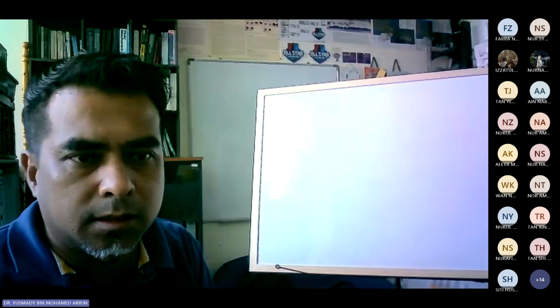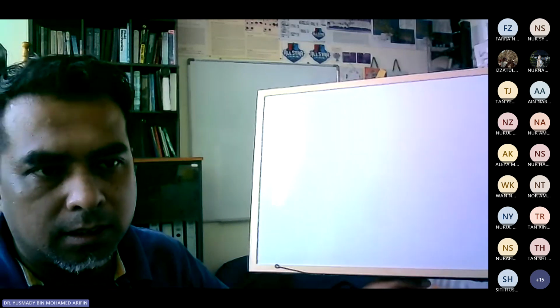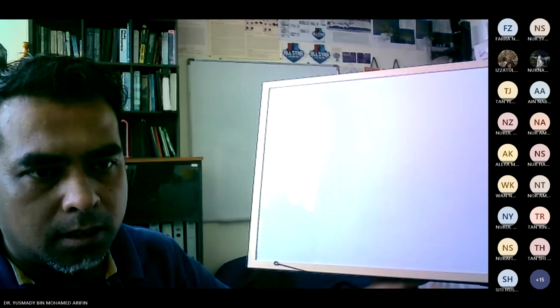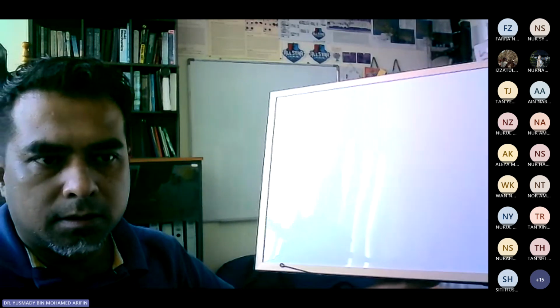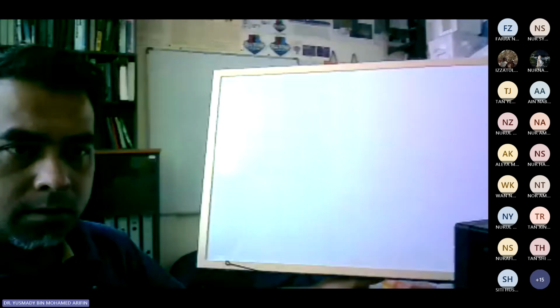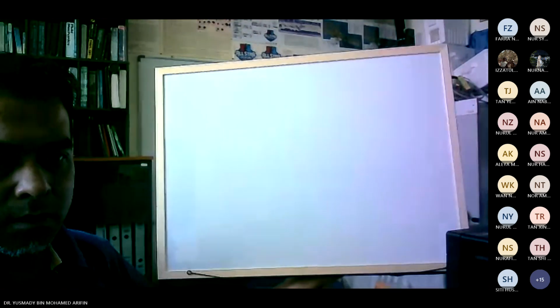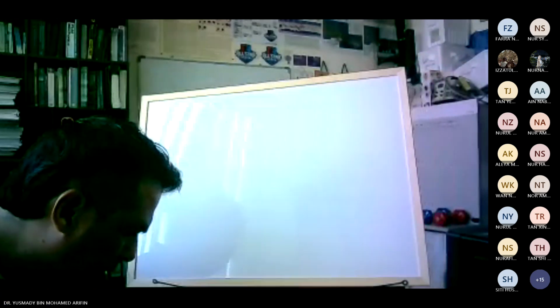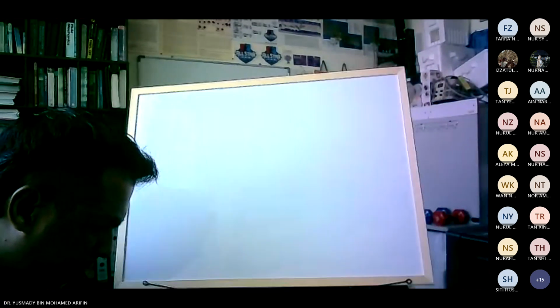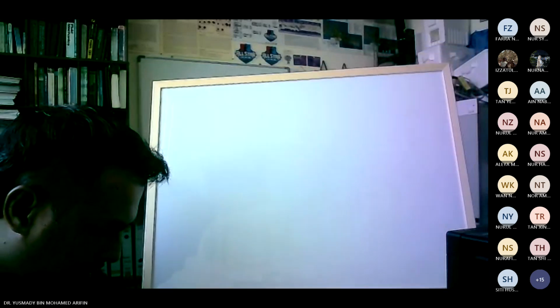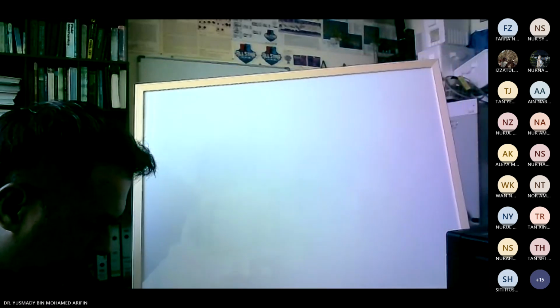Nanti nak catat pun tak apa, tak nak catat pun tak apa. Tak masalah. Tak nampak pula. Susah pula nak setting. Boleh lah.